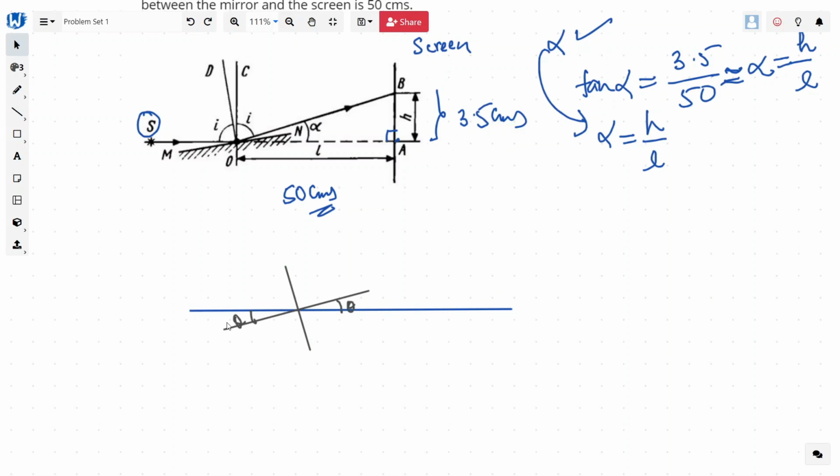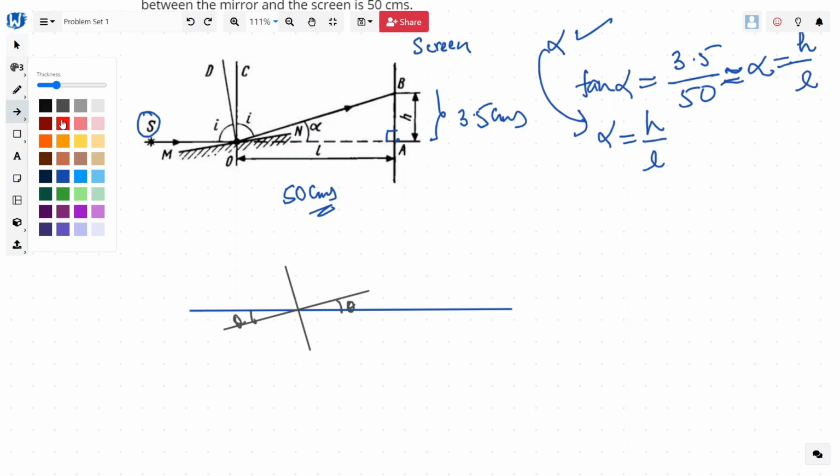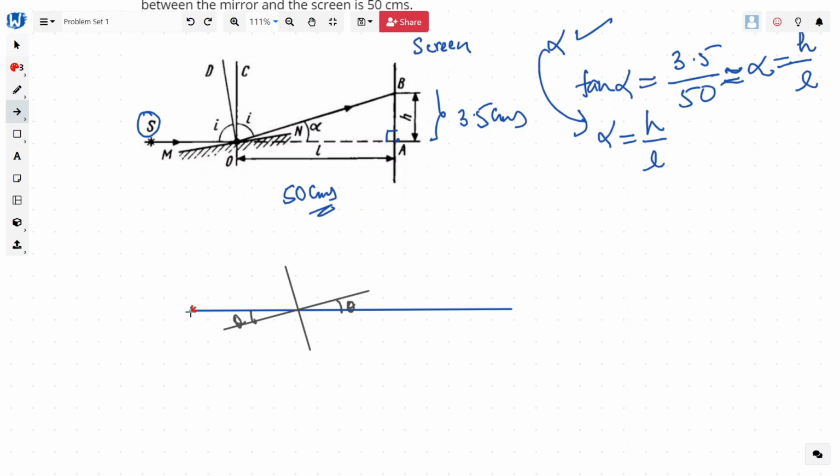And now we know the light ray is coming like this. So let's draw that light ray. It's coming like this, and this is going to be our angle of incidence by definition.